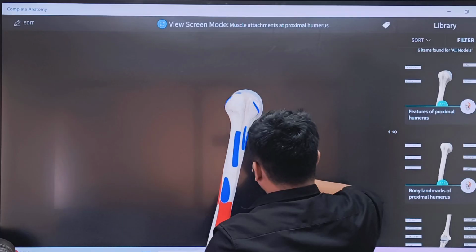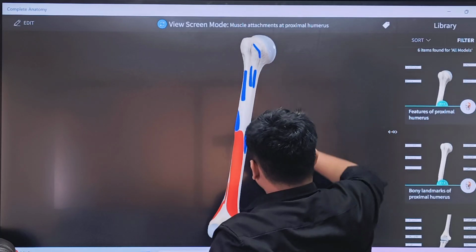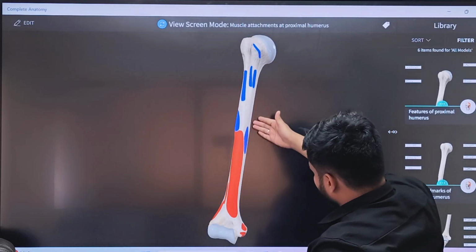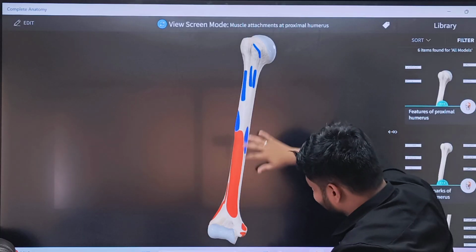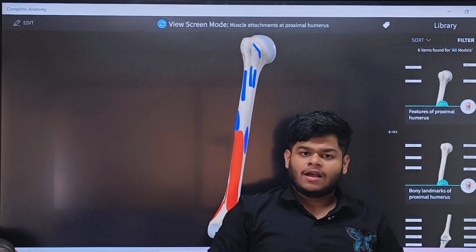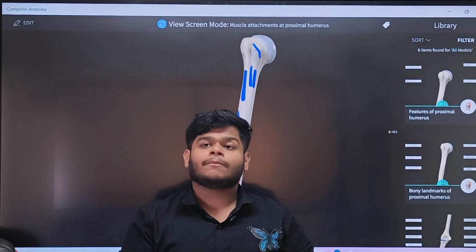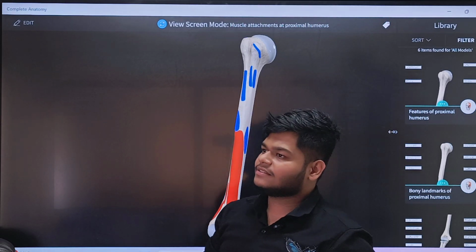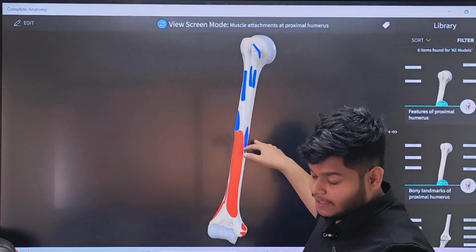Now let us talk about the next muscle. Here there is the insertion of the coracobrachialis muscle. We will see further in the brachial plexus that the musculocutaneous nerve pierces this muscle.